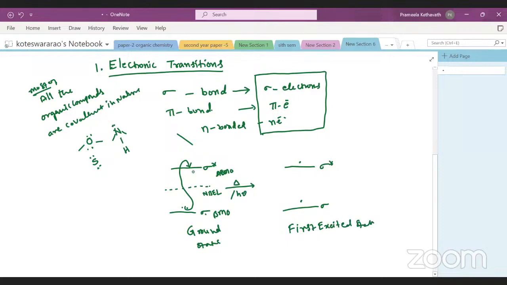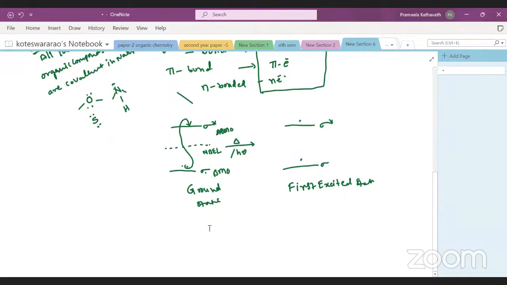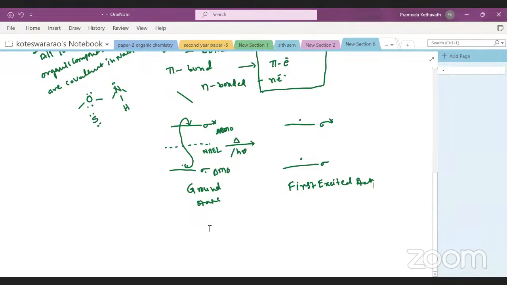Similarly, n electrons or pi electrons. If you take the sigma electrons, this kind of electron transition is generally seen in saturated bonds containing compounds, such as alkanes and cycloalkanes.